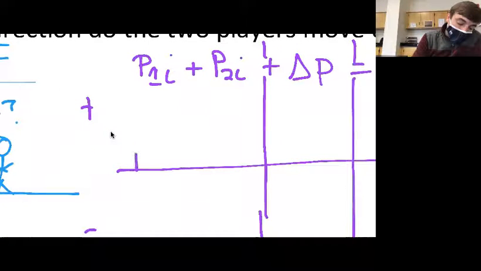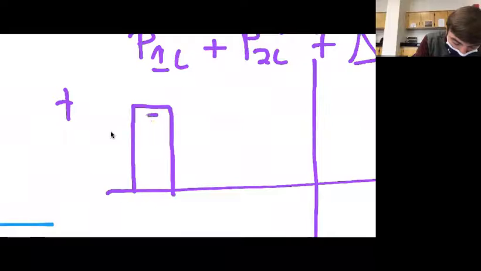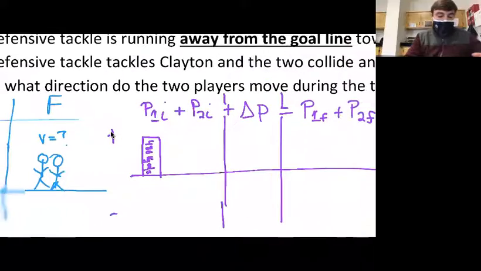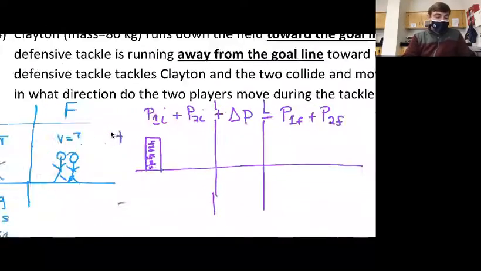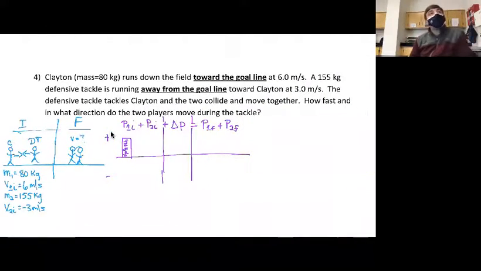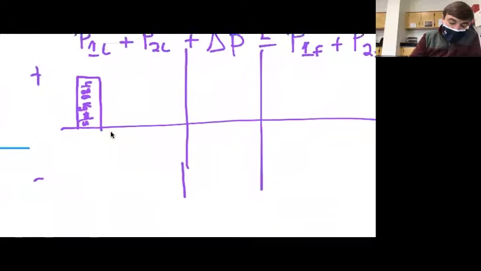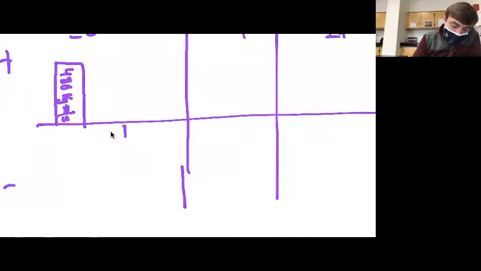Momentum 1 is 480 kilogram meters per second. For the second object, he is 155 kilogram mass, and he is moving at negative 3 meters per second. If I multiply that together, that's negative 465 kilogram meters per second.